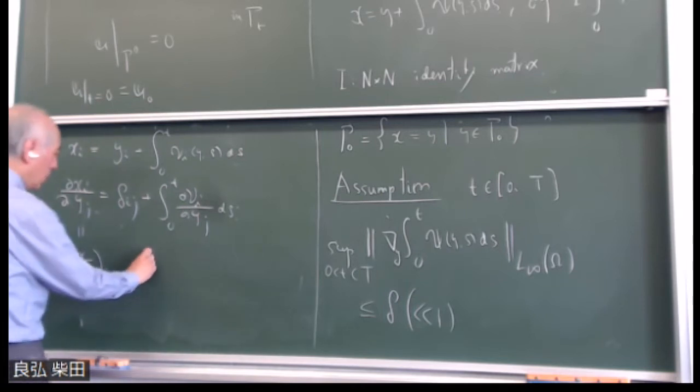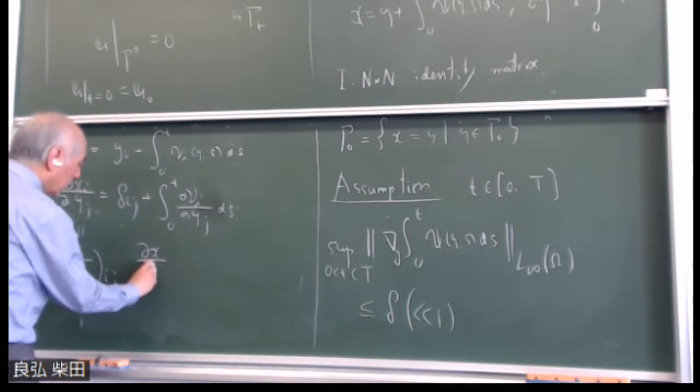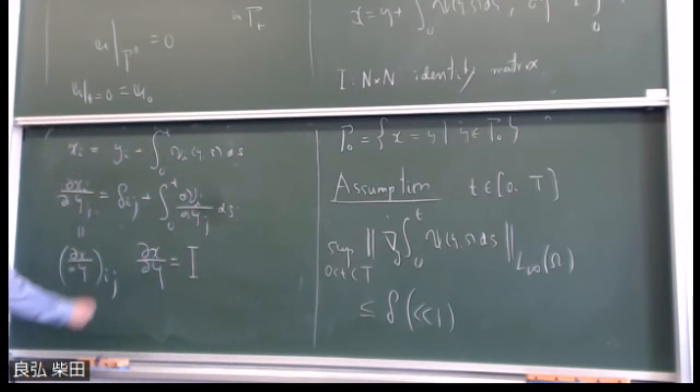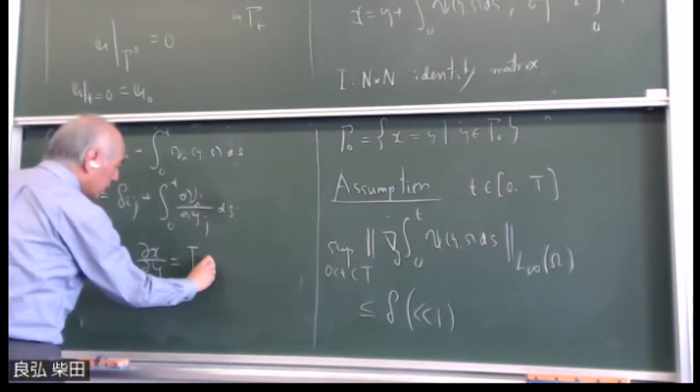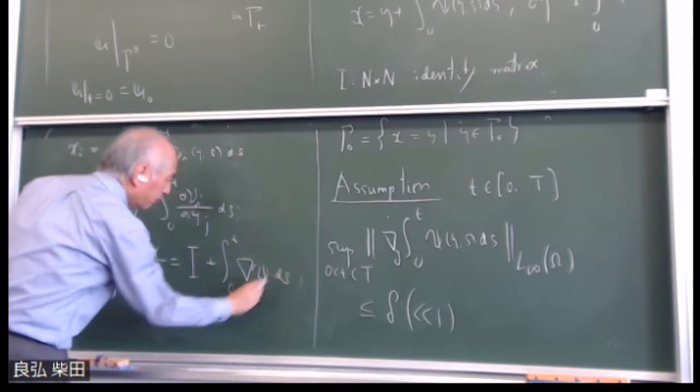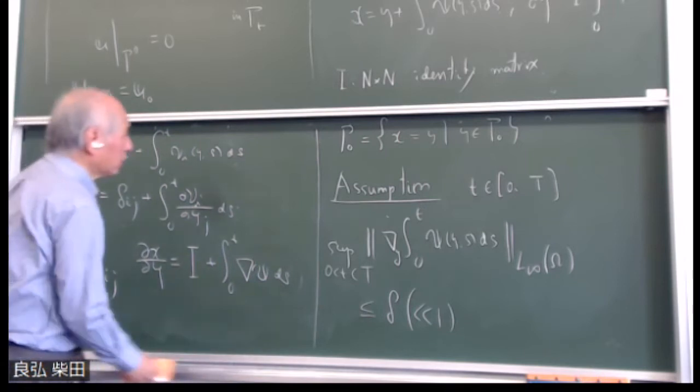So the matrix representation of dx over dy is the identity matrix plus the integral from 0 to t of the gradient of b.